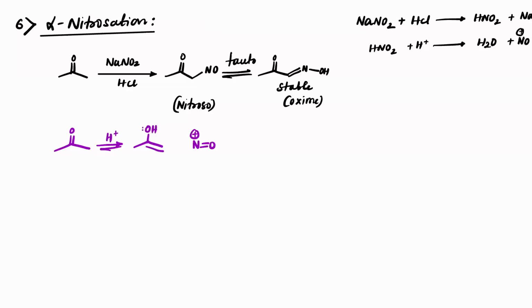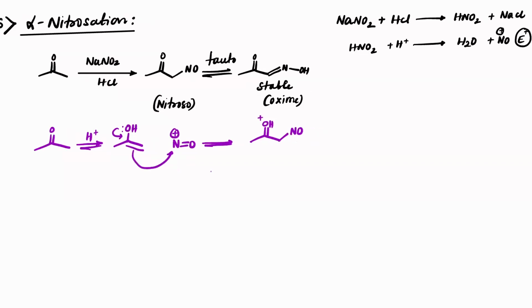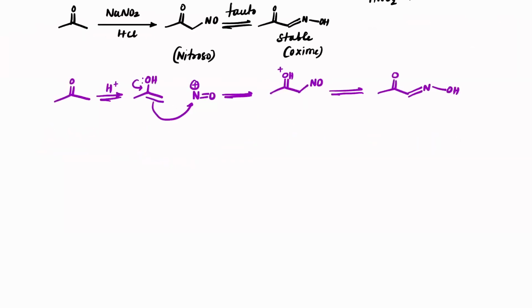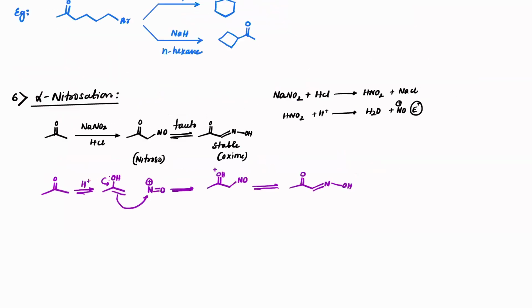So this lone pair will push to take NO, and that will make it double bond OH plus, and here we'll have NO. That eventually will convert into C double bond N with OH here. Sorry, this will be C double bond O. So this is how the reaction takes place. Alpha nitrosation is a simple reaction.